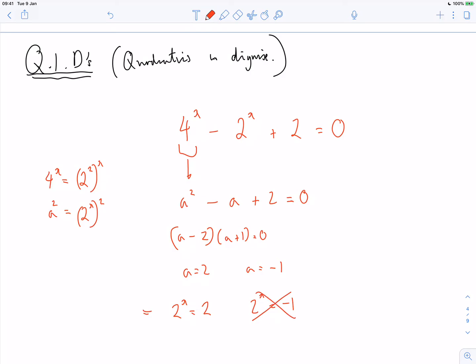So the only solution here is 2 to the x equals 2, which means that x equals 1. Well look, does it? 4 to the 1 is 4, minus 2 to the 1 is 2, plus 2, does that equal 0? Don't think it does, does it?